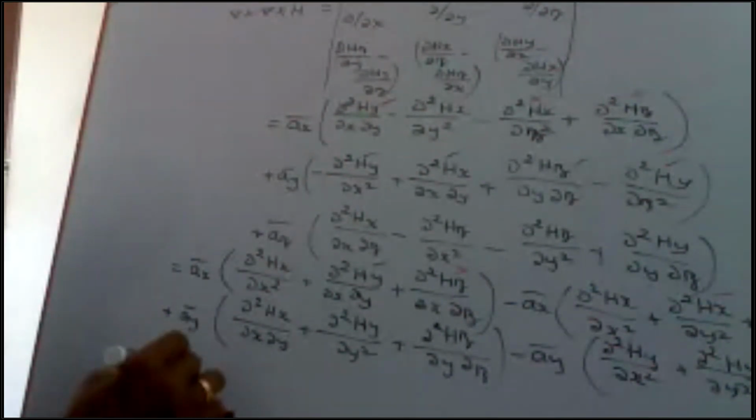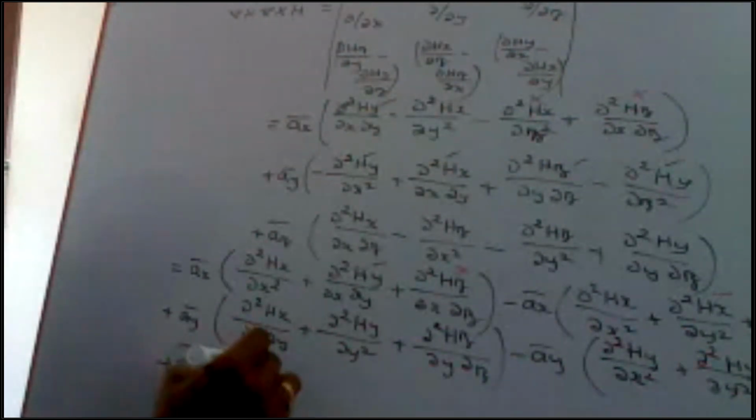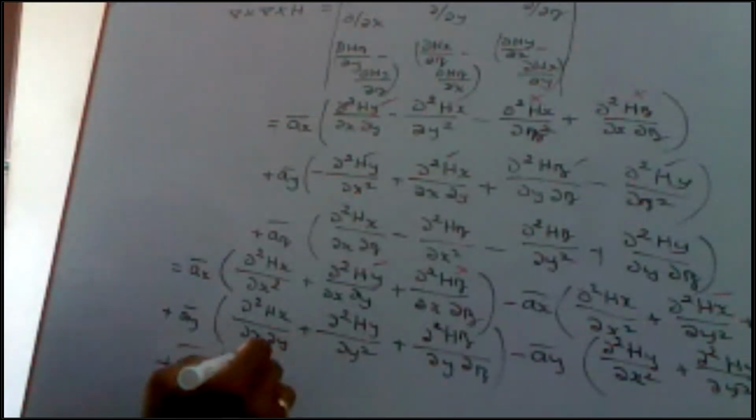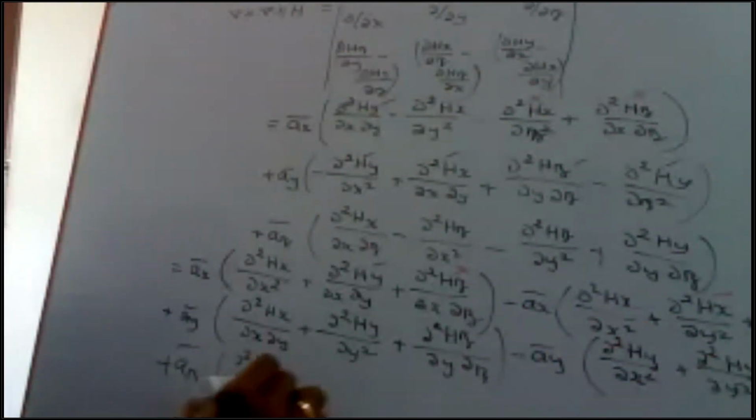In the same way, for az, I will add, for example, dou square h, that is this term dou x dou y, here dou x dou z.